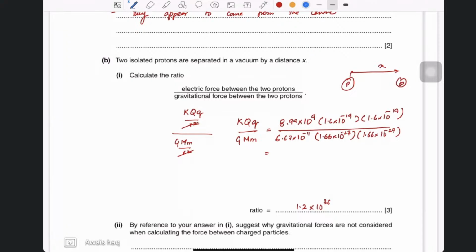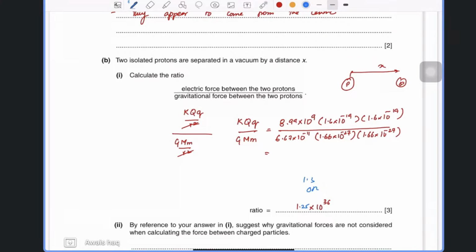Are you sure about that? If it's 1.25, won't it round off to 1.3? Yeah, it should, because that's what's on my calculator too. Okay, we are going to write 1.25. It doesn't matter. You can write 1.3 as well. That's fine. Not a big deal. 1.3 times 10 to the power 36.